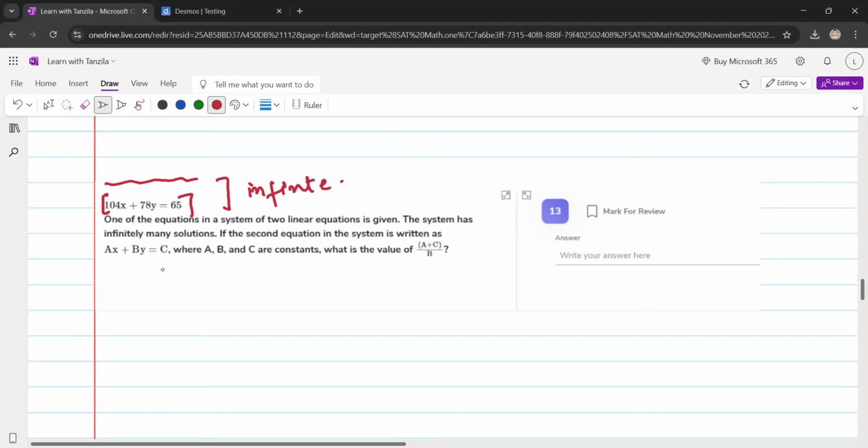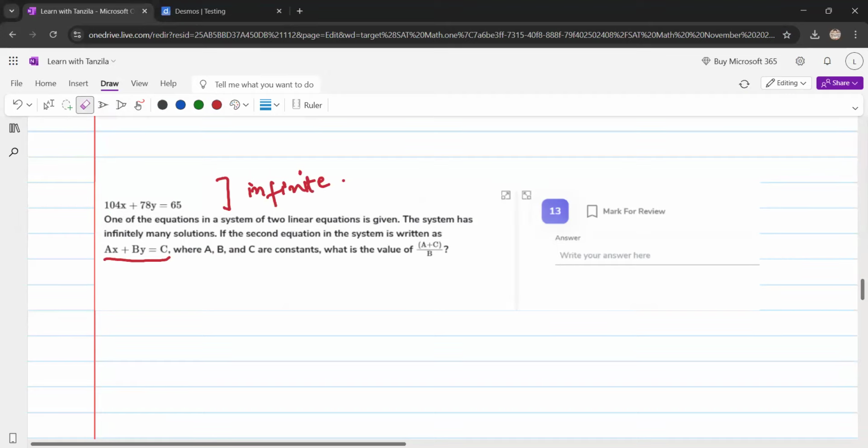Think about it a little. Infinite, sorry, I'm bad at spellings. So if the second equation in the system is written as this, where A, B, and C are constants, what is the value of A plus C over B?